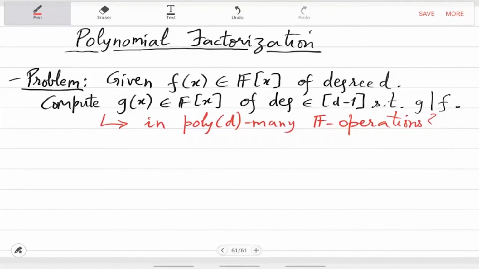So in terms of base field F operations, your algorithm should be very fast. This is the exact factor finding.